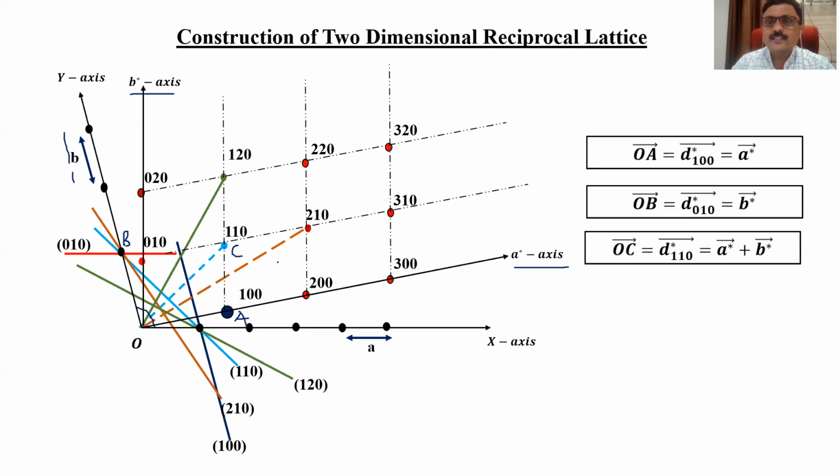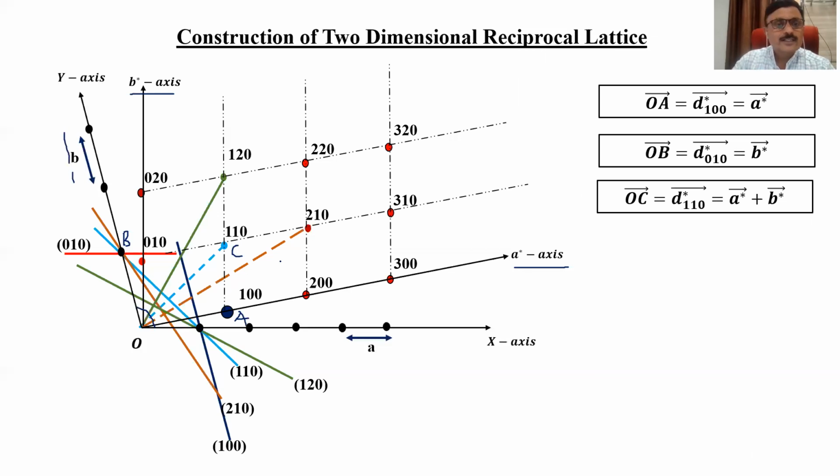I can represent this vector OA equal to d100 star, which is a star. I can write this vector OB as b star, which is nothing but d010 star, and I can represent this 1 1 0 vector as OC.